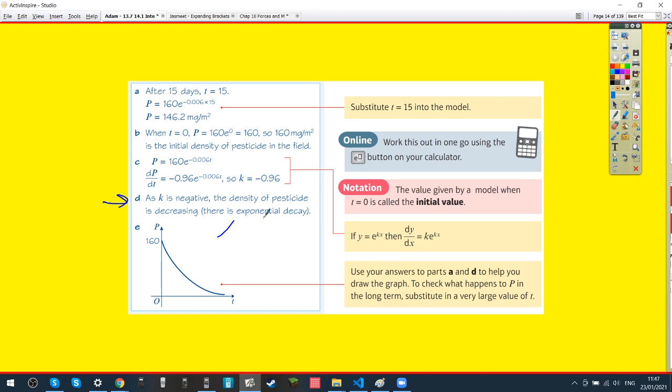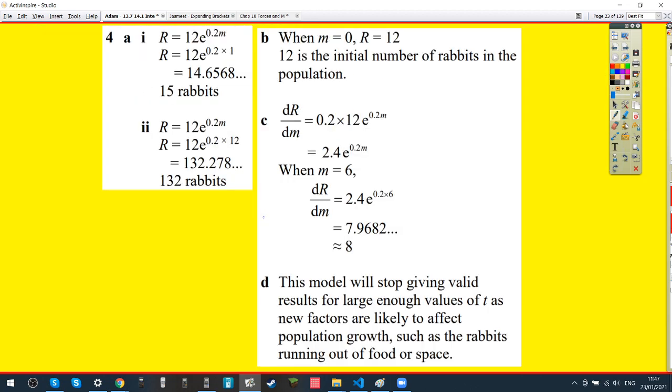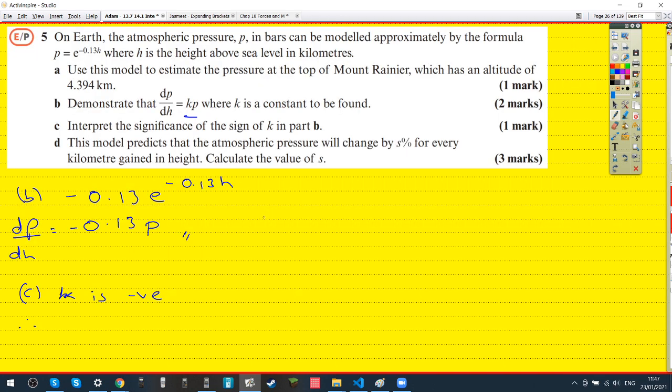There's exponential decay. Okay. And so this one, K is negative, therefore the pressure decreases. I would just write exponential decay, as opposed to exponential decrease, opposed to exponential increase. And D. Okay.